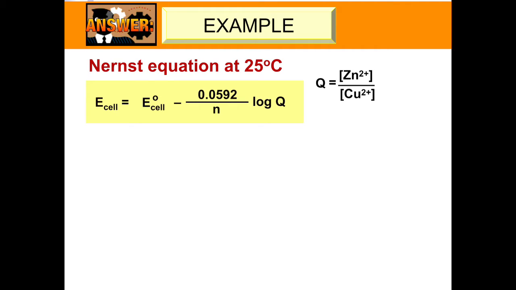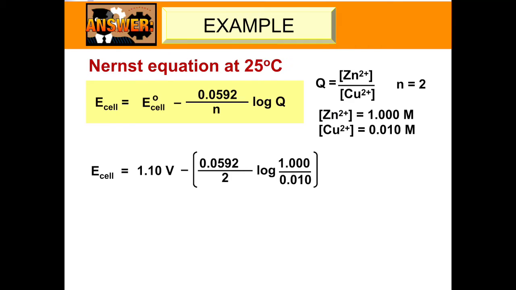Recall that from the overall cell reaction that we have written before, the Zn2+ becomes the concentration of products and Cu2+ becomes the concentration of reactants. And there is no power because there are no coefficients in the overall cell reaction. So, we substitute the other values into the formula and we will get the answer for E cell, which is positive 1.04 volt.